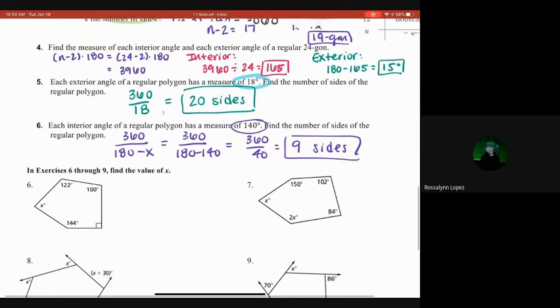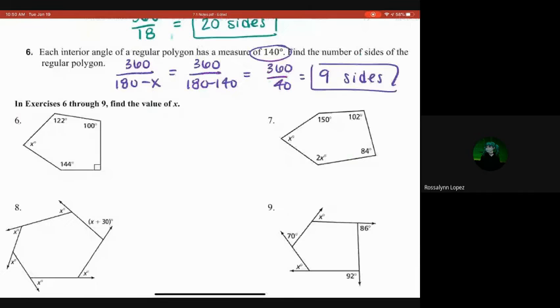Okay. All right. So now exercises 6 through 9, find the value of x. We've actually done problems really similar to this before, just with triangles. Before, if I gave you the diagram of a triangle with all 3 angles labeled and asked you to solve for x, wouldn't you just do one angle plus the other angle plus the other angle equals 180?